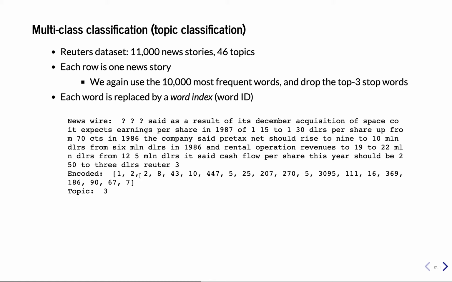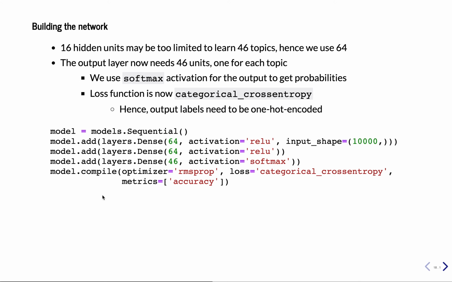We map all these words to an encoding. Oh, actually, these are very common words that we removed here. But anyway, we map this to individual word IDs. Again, we can then use a bag of words representation. The topic here is tree, which probably means finance.